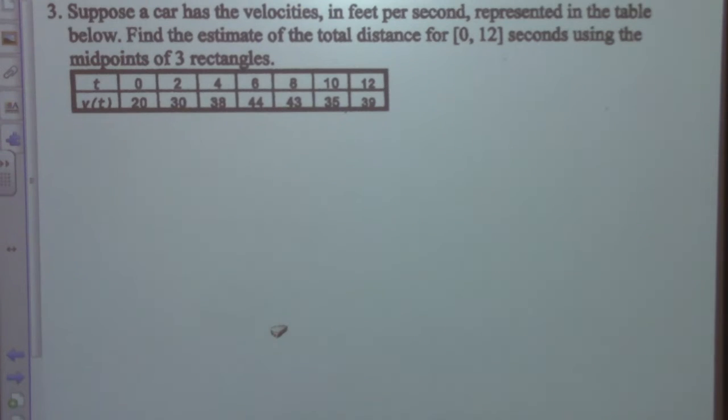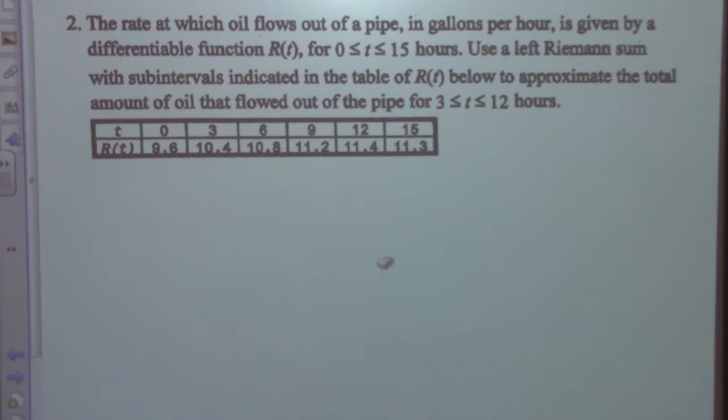In fact, on that last one, I probably should have used the word approximate instead of estimate. Why should I have used on number 2 the word approximate instead of estimate? Why would approximate be better than estimate for problem 2?